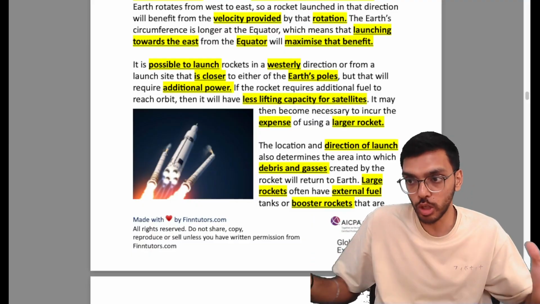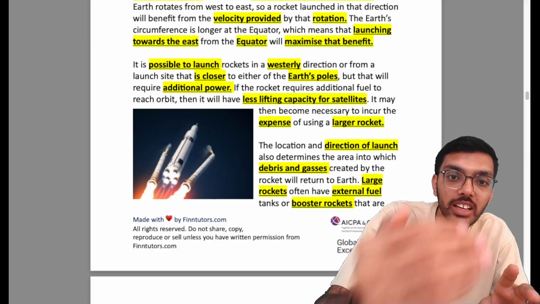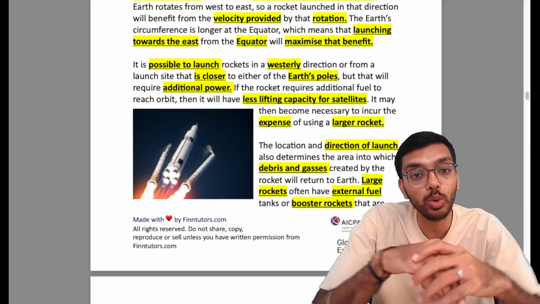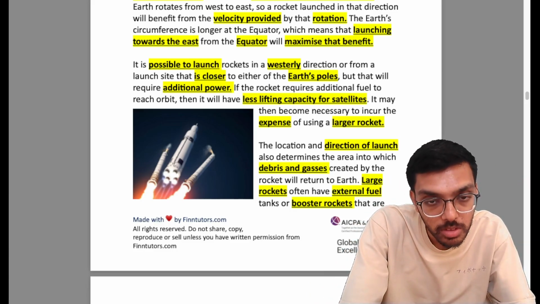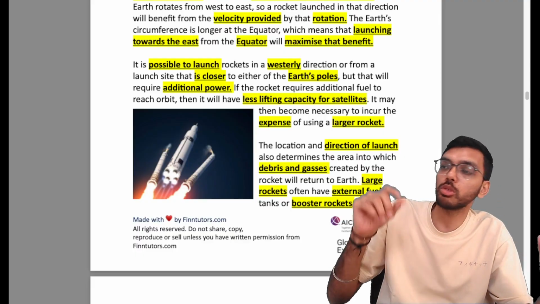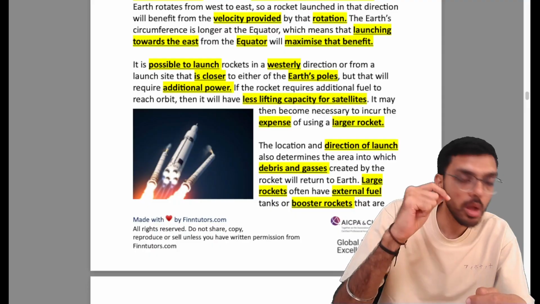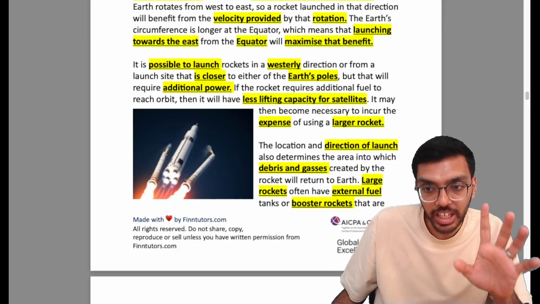And if lots of fuel and power are needed, then naturally fewer satellites can be incorporated into that rocket, because the weight is increasing, right? So best is to launch from as close to the equator as possible, plus in an easterly direction.